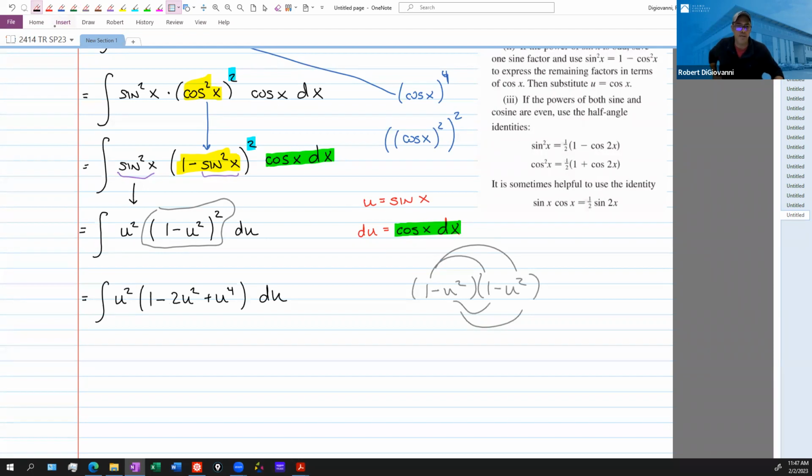I'm not showing that foiling, I'm just doing it mentally. Then I can pass that through: u squared minus 2u to the 4th plus u to the 6th du. And I did all of that so I could now do each one term by term.